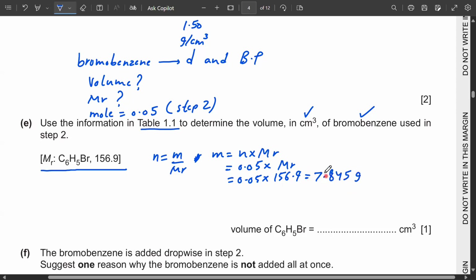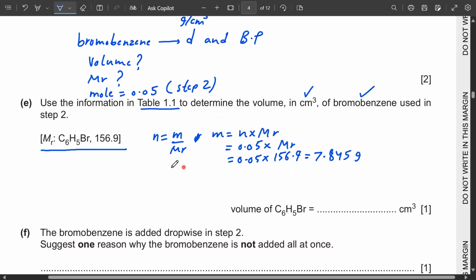What else do we need to do now? Now we use the density formula. Density is mass over volume, and we have the mass, but we need to find the volume. So volume V is equal to mass over density.